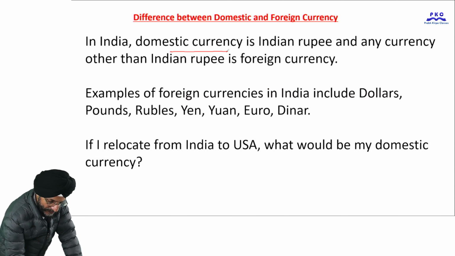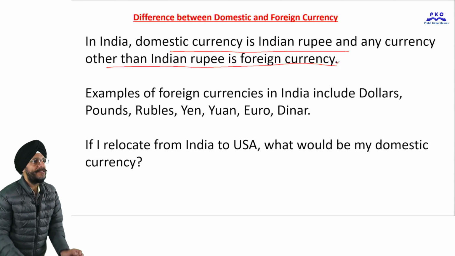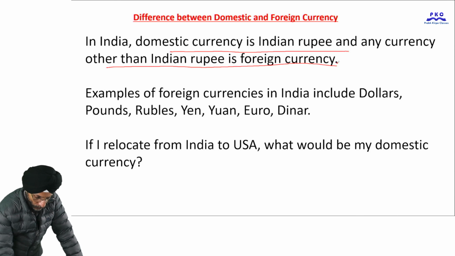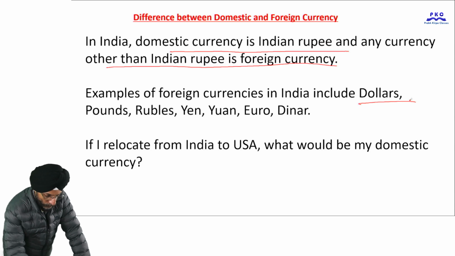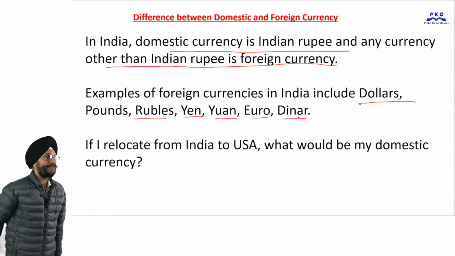In India, the domestic currency is the Indian rupee, and any currency other than the Indian rupee is foreign currency. Examples of foreign currency in India include US dollars, Australian dollar, Canadian dollar, pounds, rubles, yen, yuan, euro, or dinar.